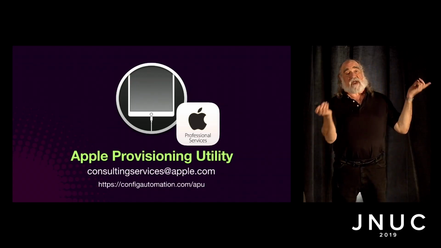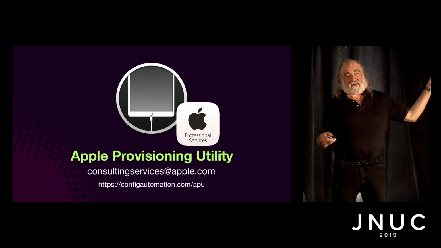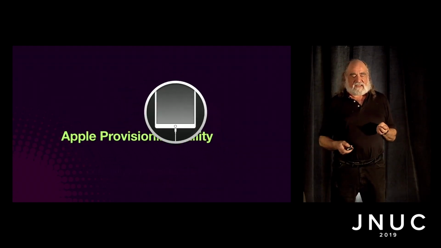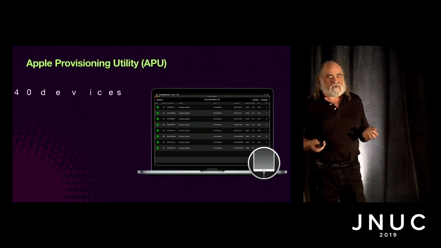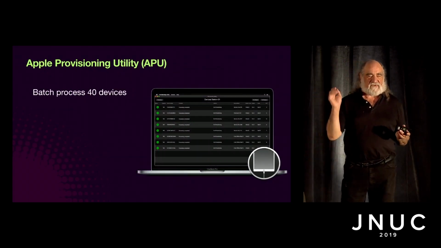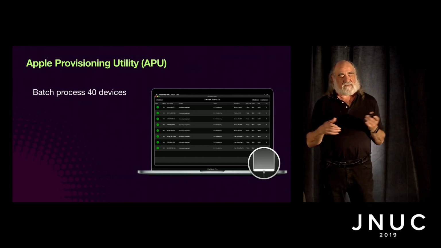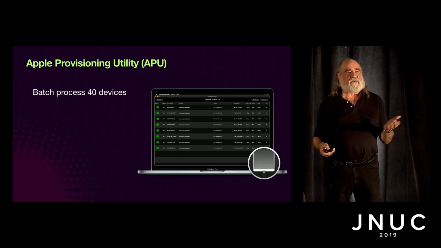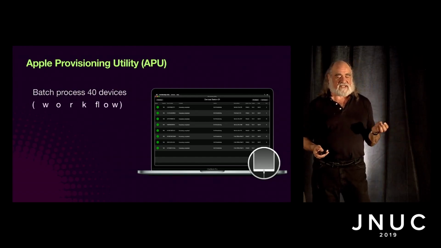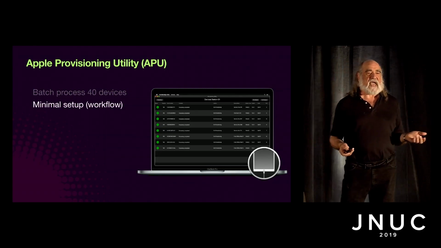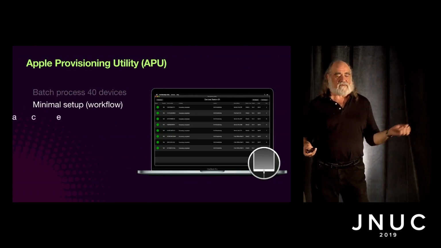We're going to be showing it right after this talk over at the Regency, and you can see these things in action. What it does is, you can take a Mac, put the provisioning utility on this out-of-the-box Mac, and process up to 40 devices simultaneously. The only setup you have is you create an Automator workflow.